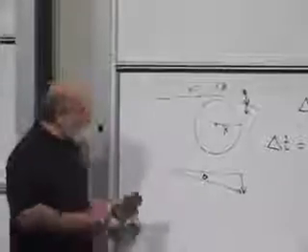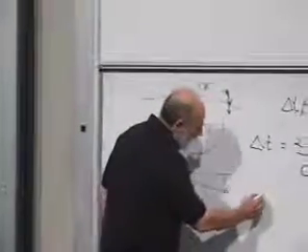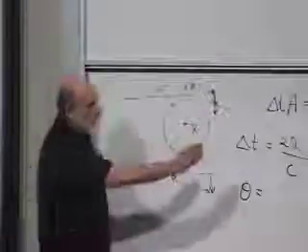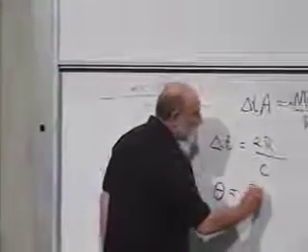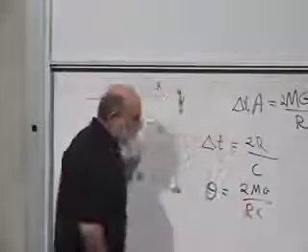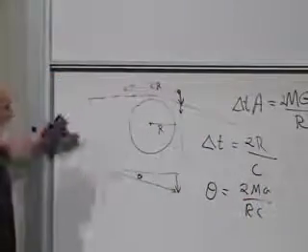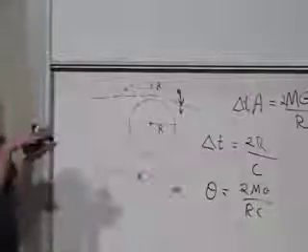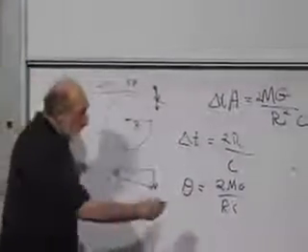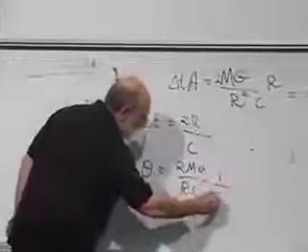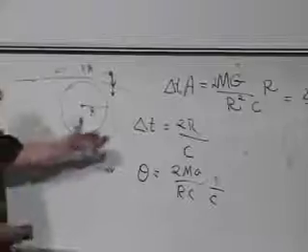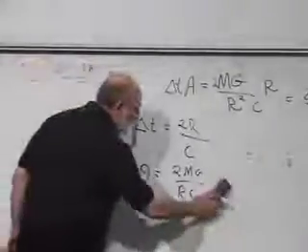So the angle, let's call it theta, is equal to the ratio of the downward component, here it is, 2MG over rc. That's the downward component of the velocity. Divide that by the horizontal component of the velocity, which is c, and here's the answer, 2MG over rc squared.